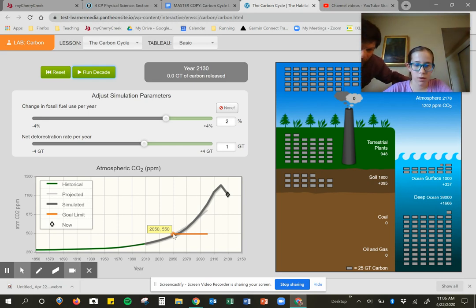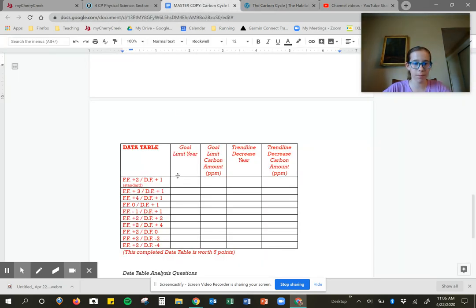It seems to me that the goal limit is where the dark gray line crosses the orange line. Yes. And then it's also between 2060 and 2065. So we want to make an estimate. It would be between 2050 and 2060, so let's say about 2055 for the goal limit year.